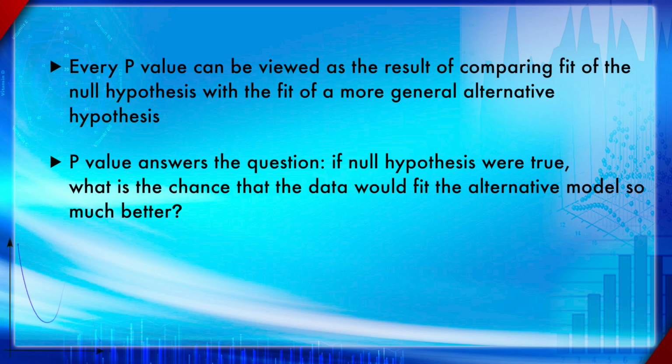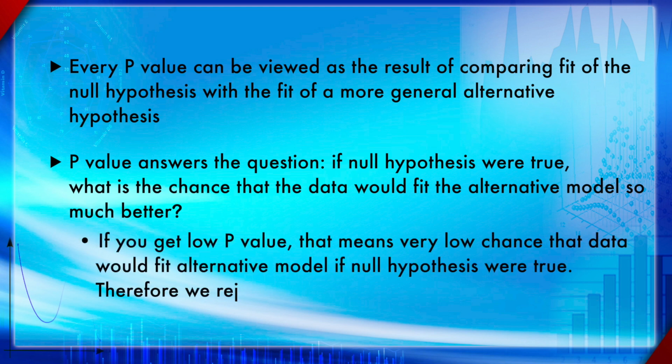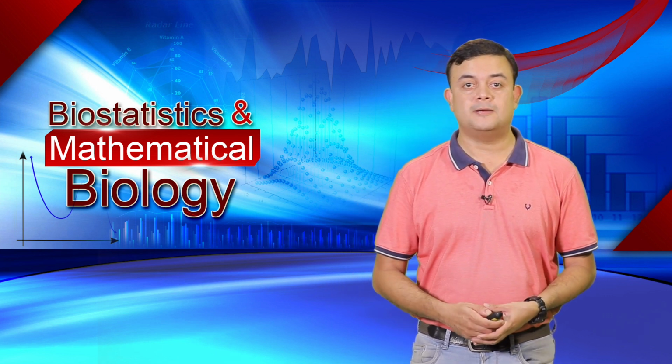So if you get a very low p-value, that means there is a low chance that the data will fit the alternative model if the null hypothesis were true. So therefore we reject the null hypothesis. That is how to interpret the p-value in light of this regression, the model fitting.